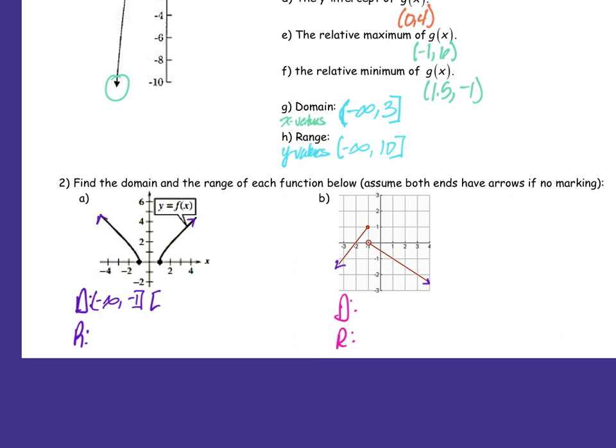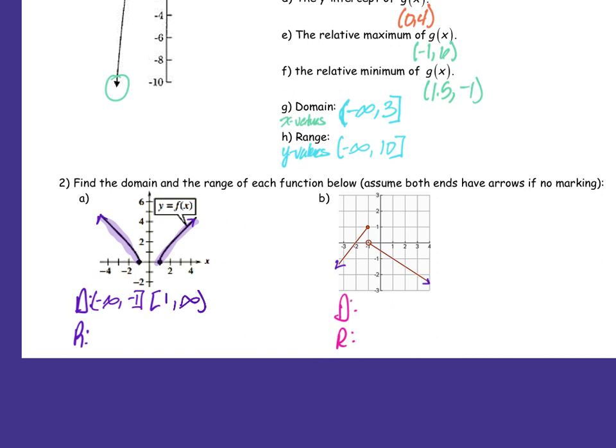Okay, so we were here talking about the domain of this graph. We've got the domain of this half right here is the first one. Now I'm going to do the domain of the second half, and that domain is 1 to infinity. So we've got that. And then the range is not broken.